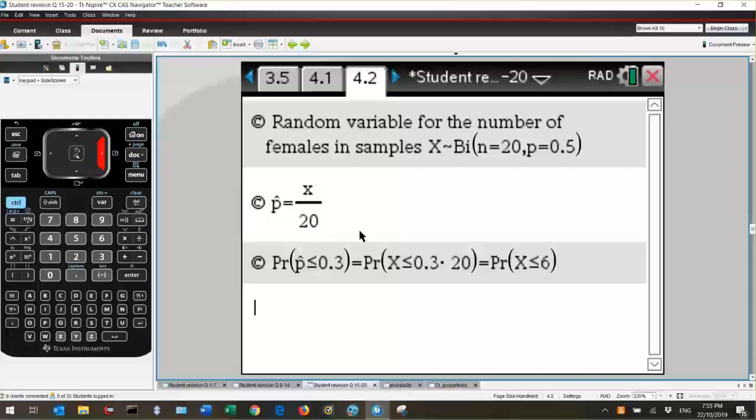So the probability that p hat is less than or equal to 0.3 is the same as the probability that the number of females is 0.3 times 20. 0.3 times 20 is 6. So it's the same as the probability that the number of females, capital X, is less than or equal to 6.